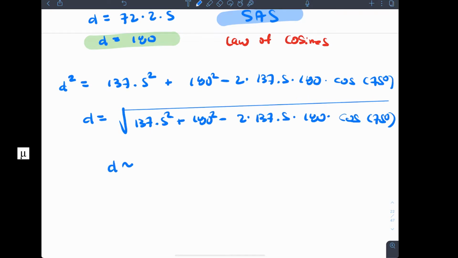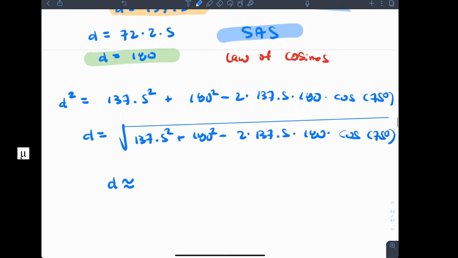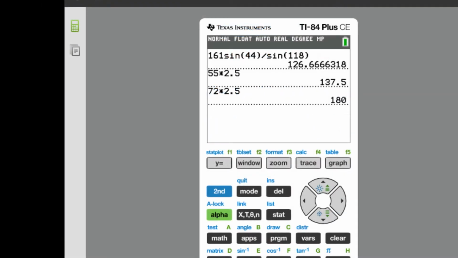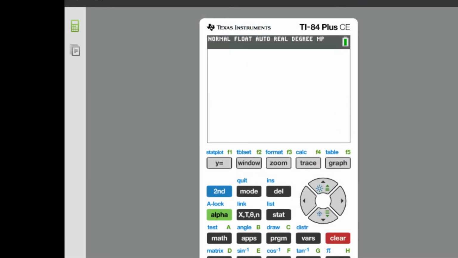So what's D going to be approximately? What do you guys get? Okay, clear it out. Put the square root. Second square root, and what do you get?